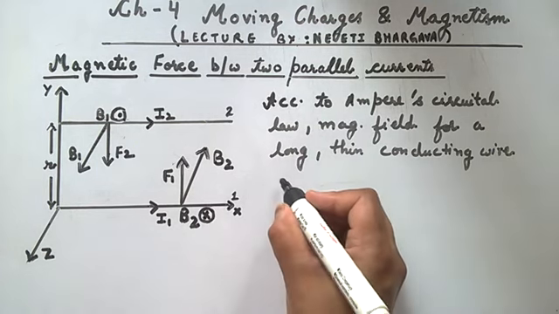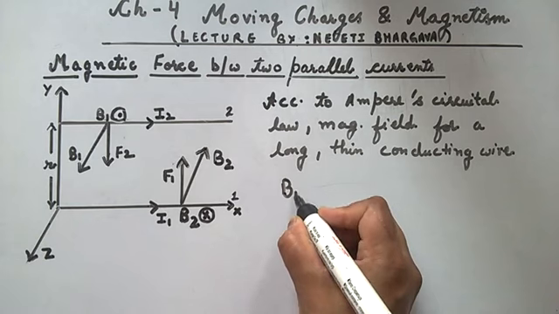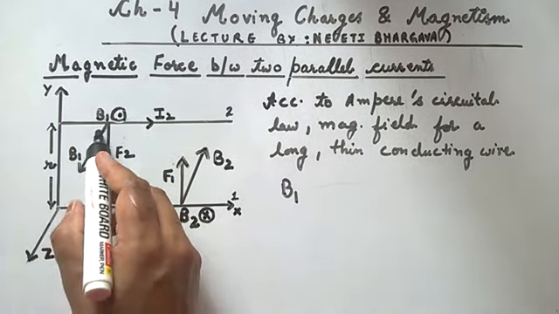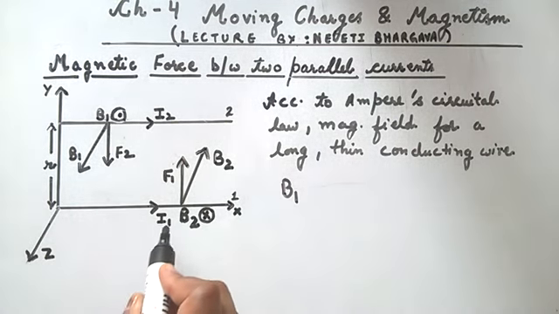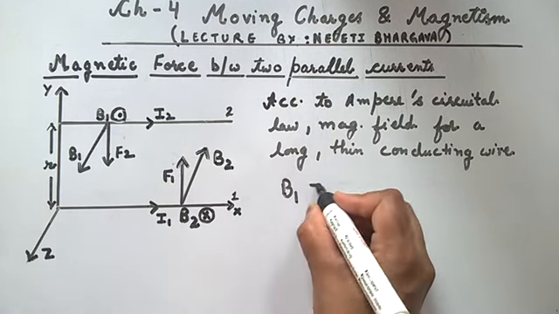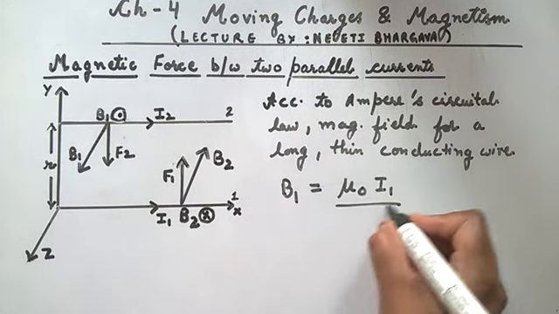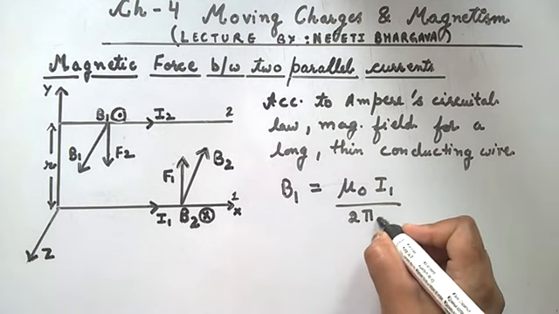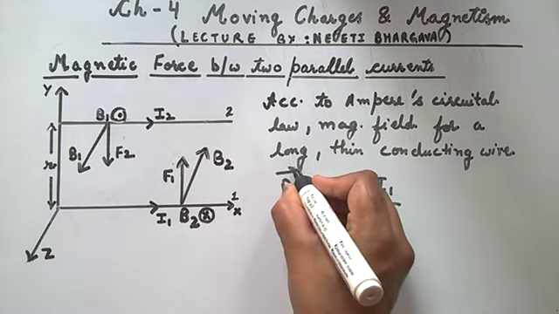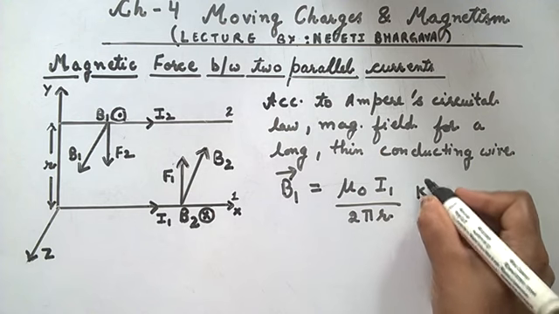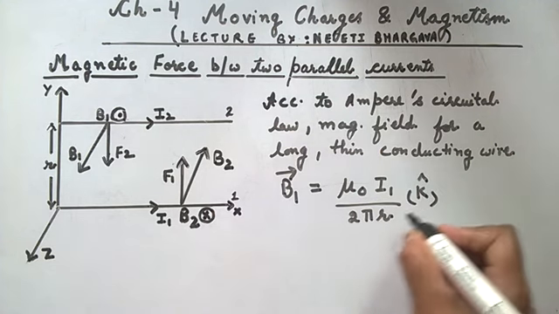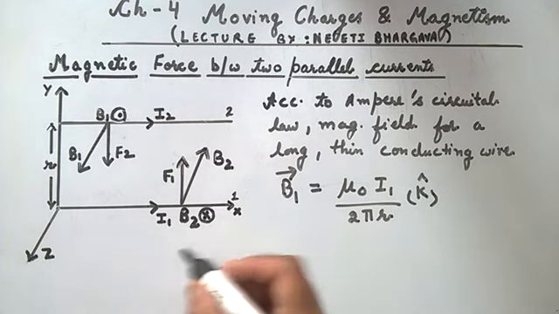So here the magnetic field B1 on wire 2 due to current I1 is equal to mu naught I1 upon 2 pi r. In terms of direction, it is k cap, that is along the positive z axis.